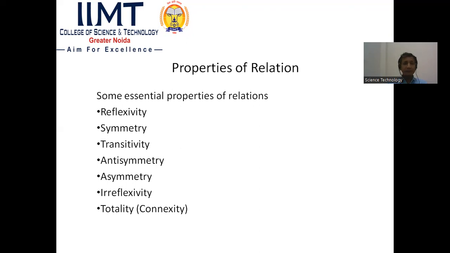The properties of relation: some essential and useful properties of relations are reflexivity, symmetry, transitivity, antisymmetry, asymmetry, irreflexivity, and totality, that is connexity.